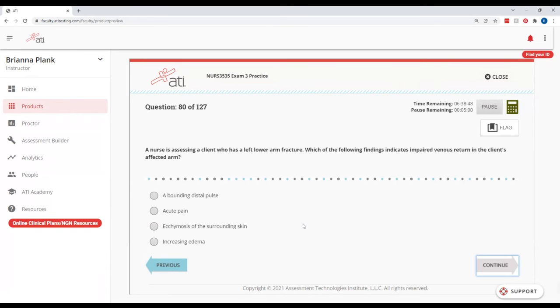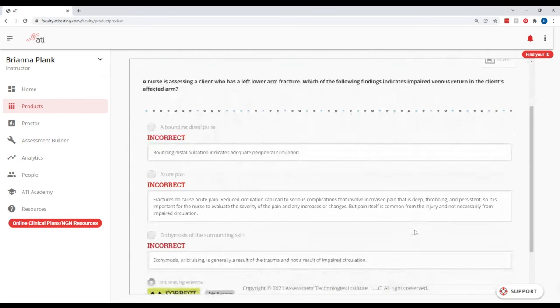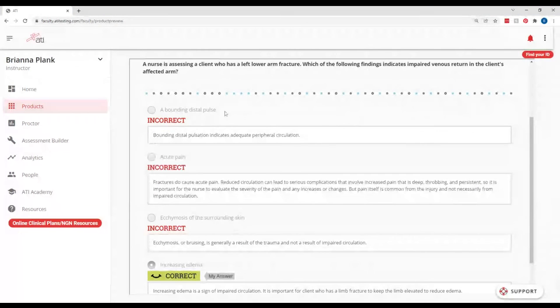Okay, we have a lower arm fracture. Which of the following is a symptom of impaired venous return? So which one of these is bad? What do you guys think? Exactly. So a bounding pulse is not consistent with impaired circulation, right?